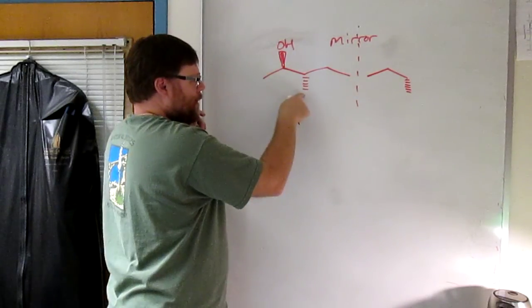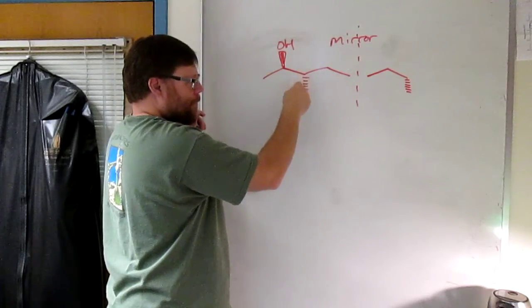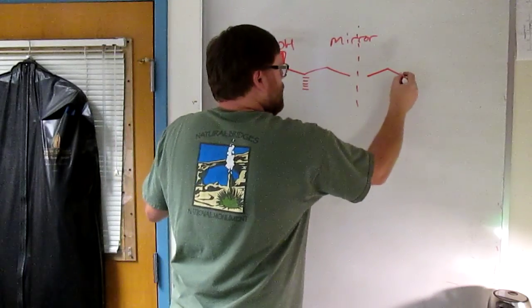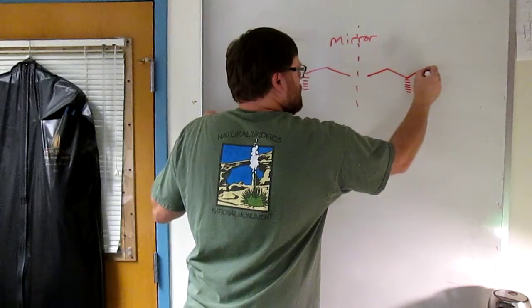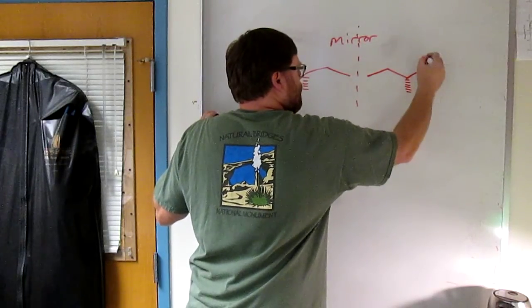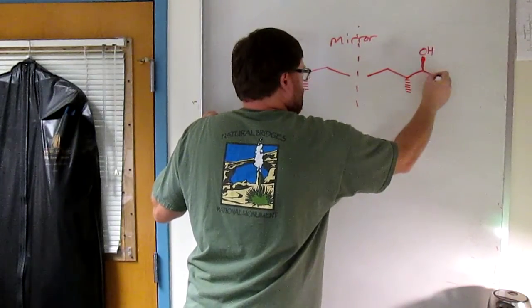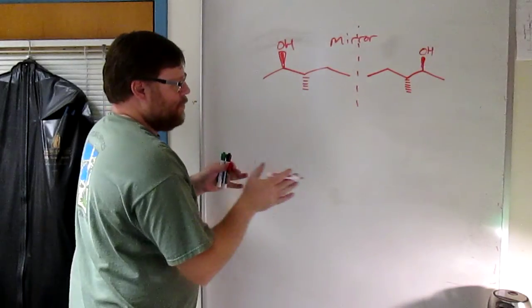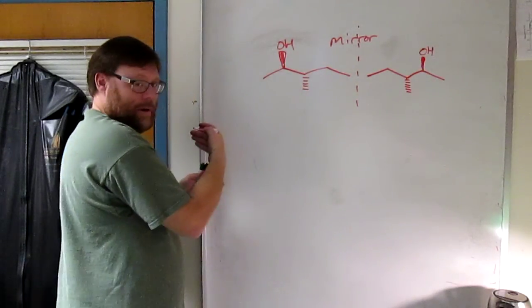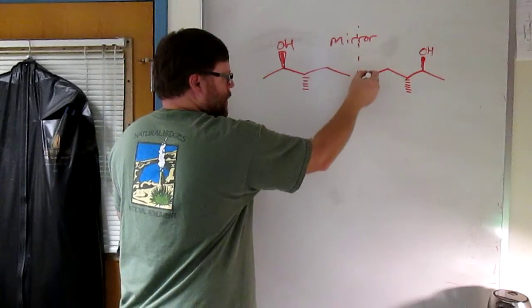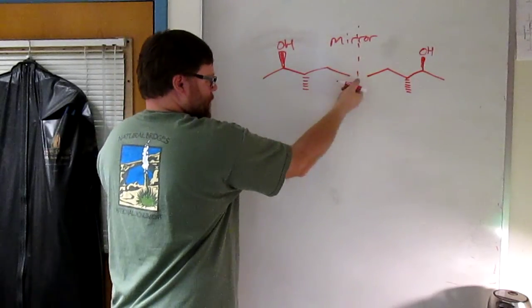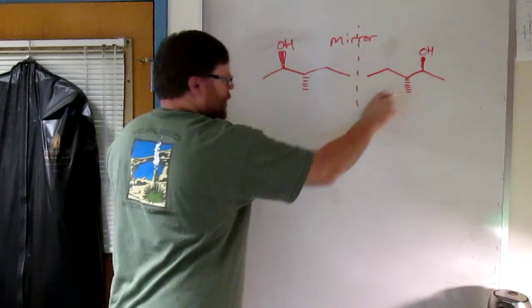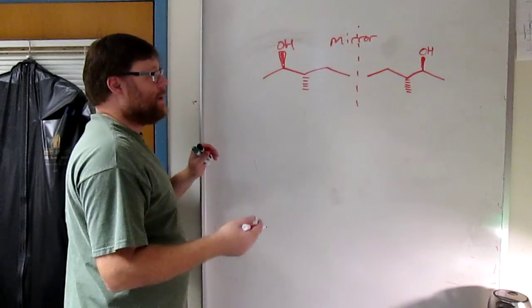When you reflect in the mirror, that carbon being back will still be back. And then the carbon with the OH, and it's still going to be out. And then the methyl. So you draw to the right what you see going to the left. We start here and transcribe this molecule, but transcribe it the other direction. All right, that gets you the mirror image.